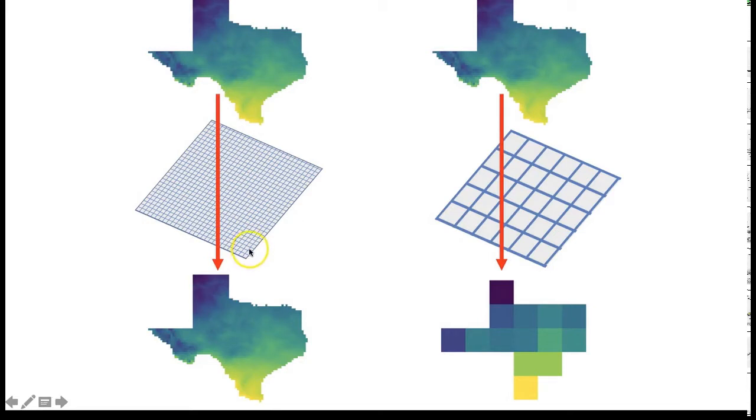So if we use a fine-grained resolution, in other words, if we have small grid cells, then the raster images that we work with in GRASS will maintain a fine-grained resolution when we import them into GRASS and when we export them from GRASS to other file formats.